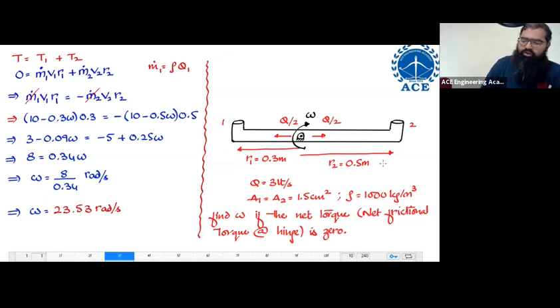U2 is going to create clockwise effect. U1 is going to create anti-clockwise effect. Whoever's lever arm is higher will dominate. Since R2 is higher, its lever arm will dominate. Draw the line diagram. If discharge is different, then also it can rotate.